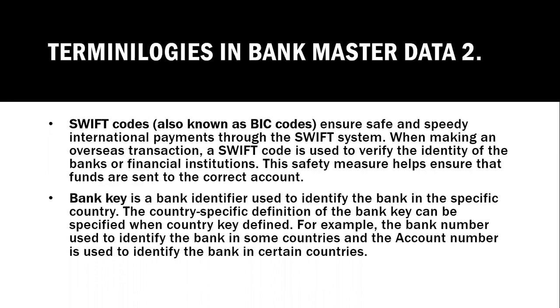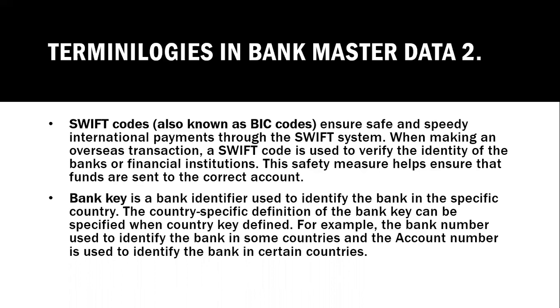This ensures safe and speedy international payments through the SWIFT system. When making an overseas transaction, a SWIFT code is used to verify the identity of the banks or financial institutions. Very important for international transactions. This safety measure helps ensure that funds are sent to the correct account.